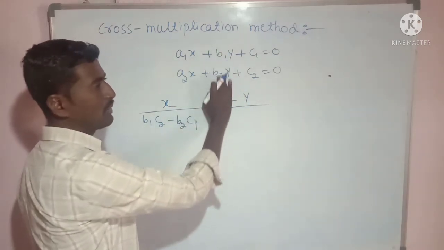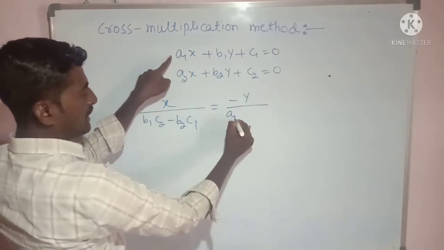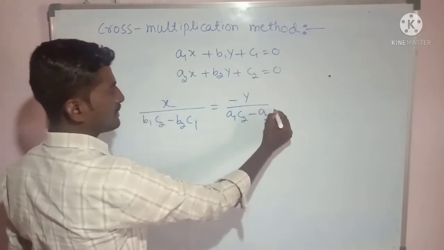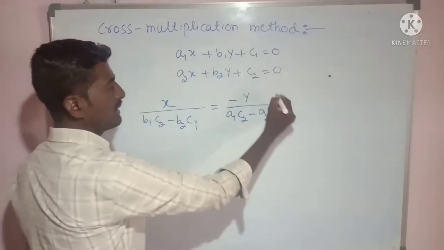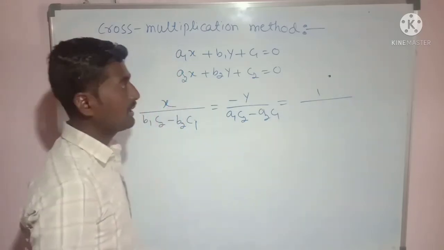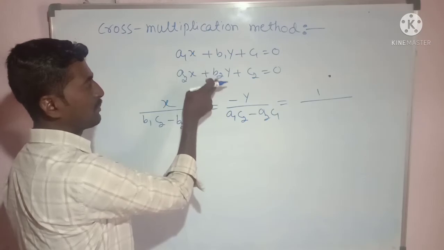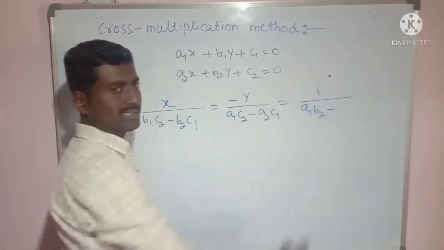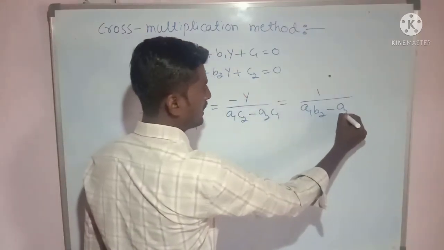Now you remove the y variable term and multiply the other two: a1c2 minus a2c1. Then the variable x is over, y is over, and then the constant: here I can write 1 divided by. You remove the first two terms; next, a1b2 minus a2b1.